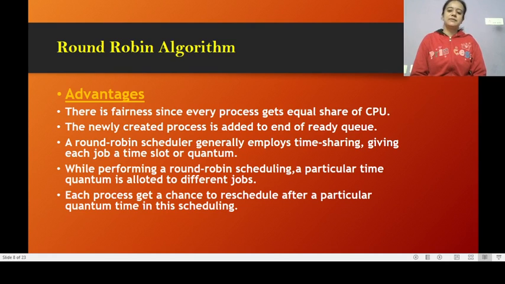It is exactly similar to a time sharing operating system. While performing round robin scheduling, a particular time quantum is allotted to different jobs. Each process gets a chance to be rescheduled after a particular quantum time in this scheduling.